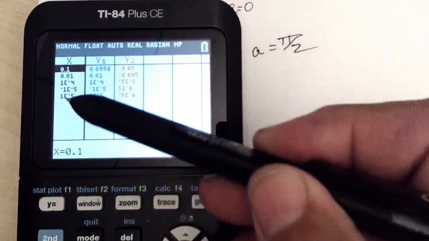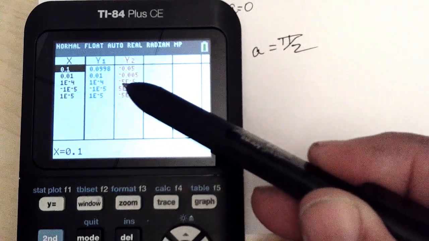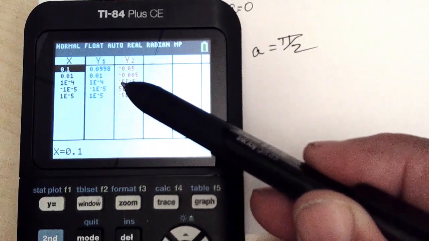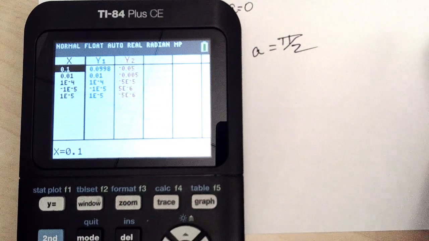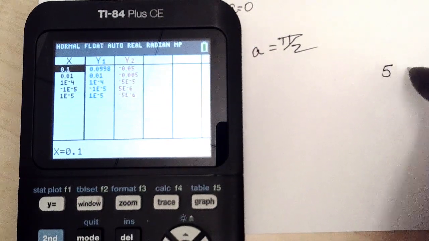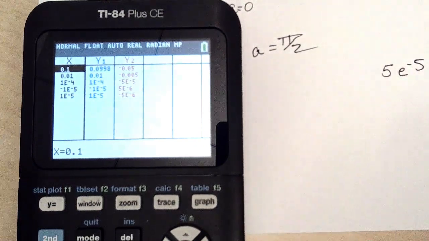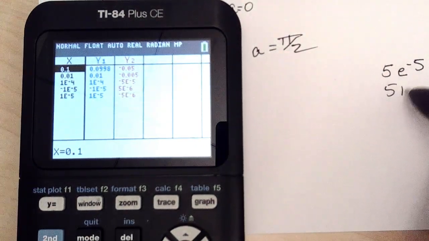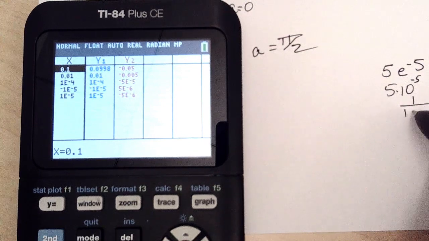When this h gets close to 0, I'm getting 5e negative 5. What does that mean? Well, that's saying 5 times 10 to the negative 5, and 10 to the negative 5 is 1 over 1 followed by 5 zeros.